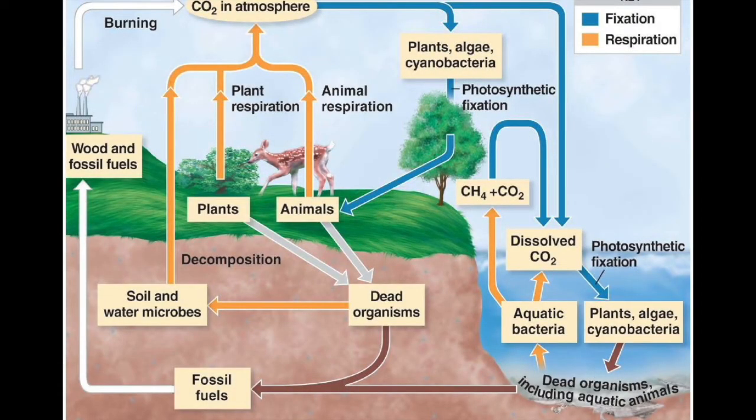So you will see in this diagram, which I know most of us are very familiar with, these three cycles, the carbon cycle, the nitrogen cycle, and also the sulfur cycle, because in advanced ecology, we have an assignment about these things.